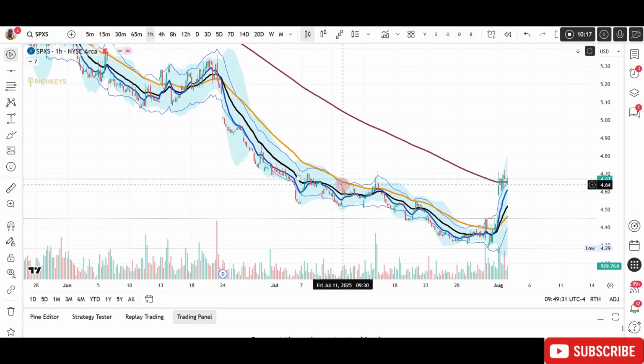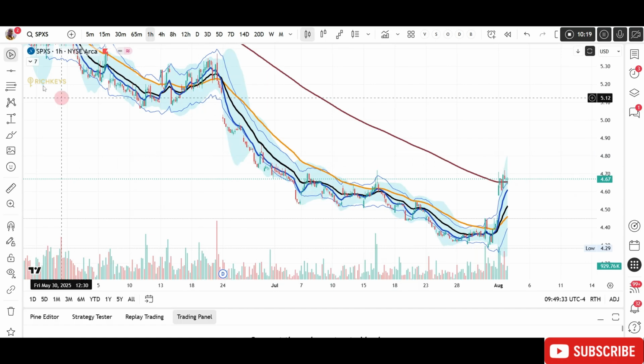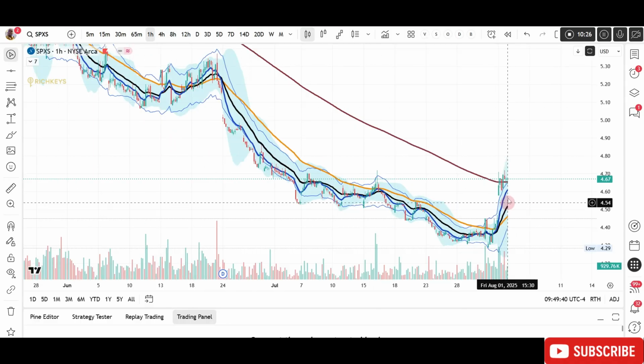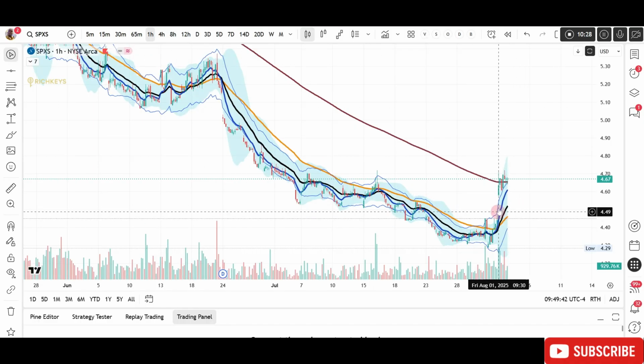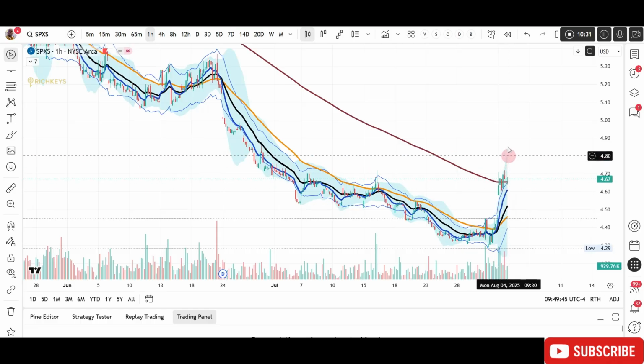The inverse ETF for the S&P 500, one of them is XPXS, and while the market is going down, you could be making this rally up.